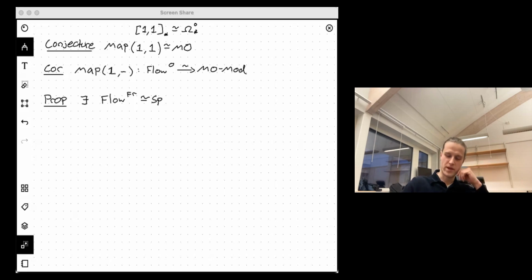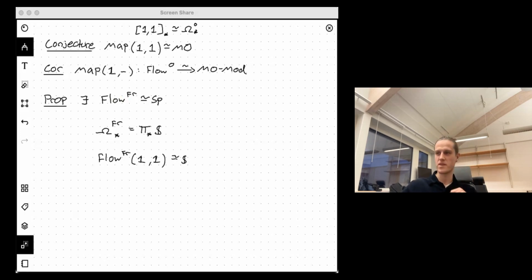But in the end, you get that because the framed bordism ring is just the homotopy groups of the sphere spectrum, then if you run this space-level Pontryagin-Thom argument, you get that the endomorphism of the unit in this category flow framed is the sphere spectrum, and so you get this equivalence.